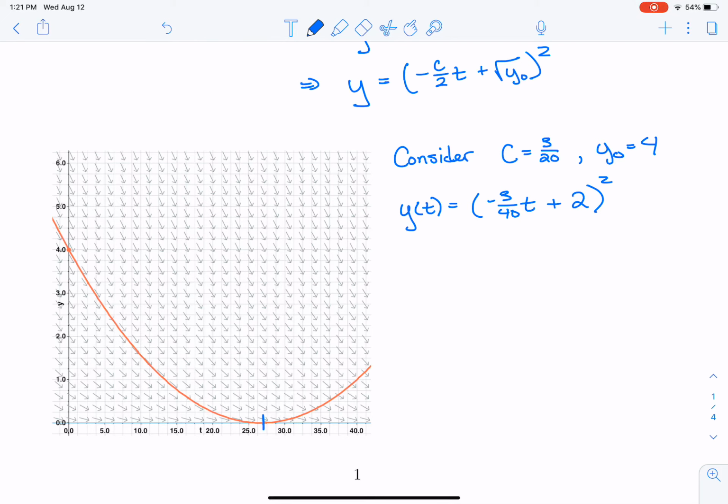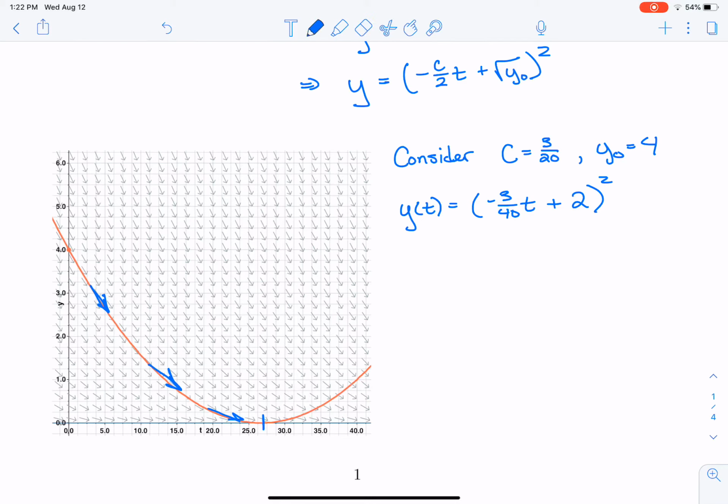You'll notice that the solution matches the slope field all along here. But you'll see that the slopes don't match the solution on that side. So the solution is not valid anymore.